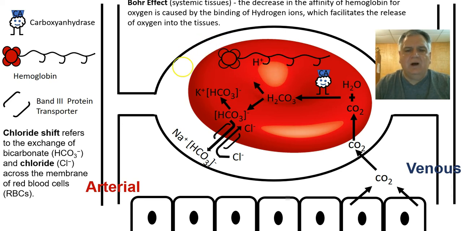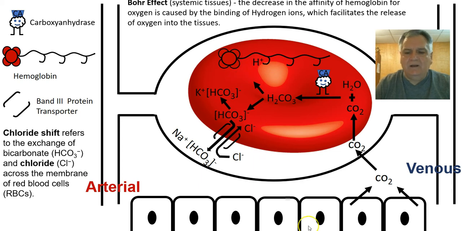These hydrogen ions now attach to the hemoglobin molecule, which is transporting oxygen. The hydrogen ions then cause a slight change in the structure of the hemoglobin molecule, and that decreases the affinity of hemoglobin for oxygen even further.